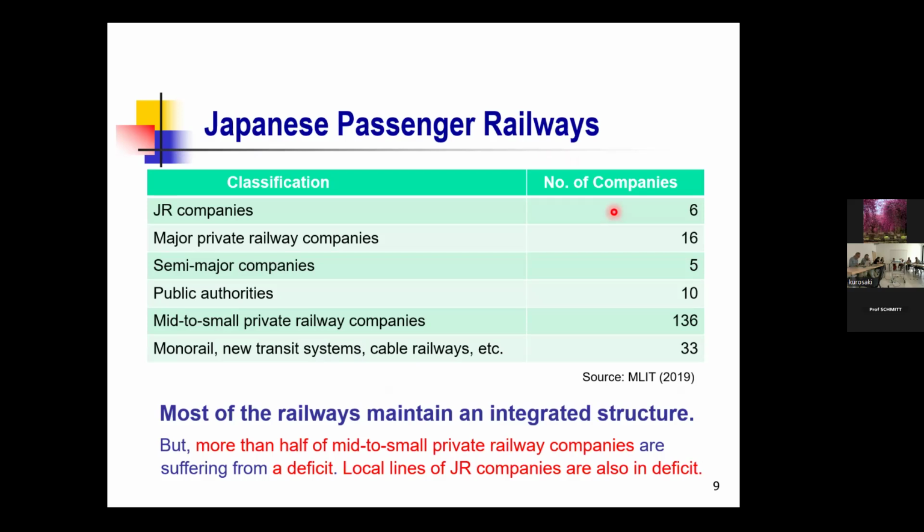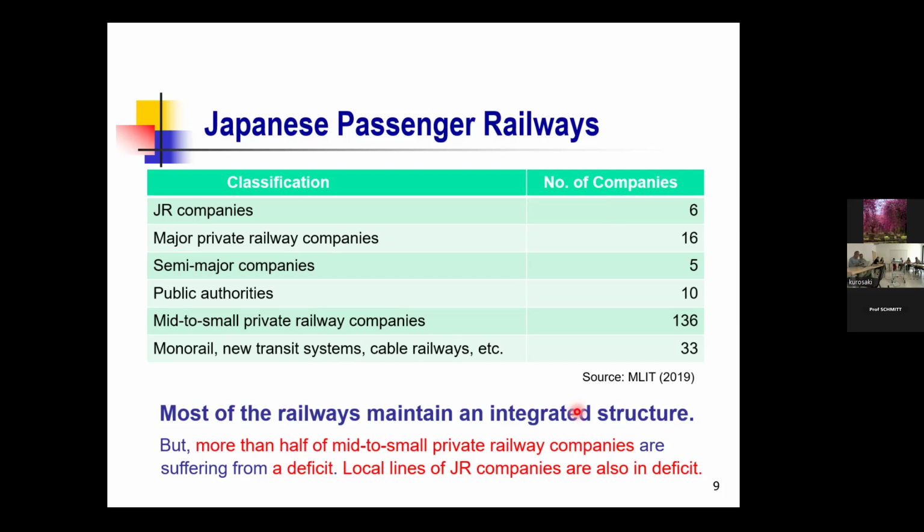Different from European railways and many other overseas railways, most railways maintain an integrated structure in Japan. However, in practice, more than half of mid-sized and small-sized private railway companies are suffering from a deficit. Local lines of JR companies are also in deficit.